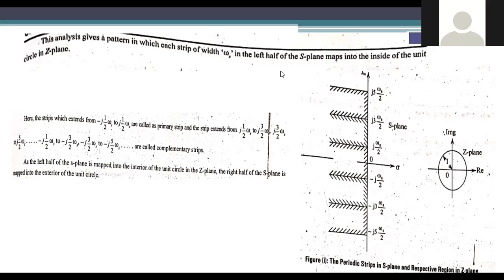That means there is a chance for the poles to lie outside the unit circle. Okay, so these are the concepts regarding the primary strips as well as the complementary strips.